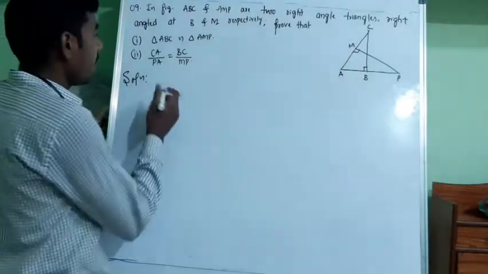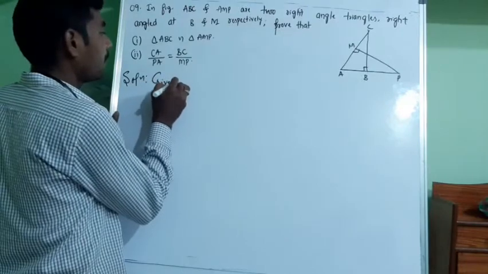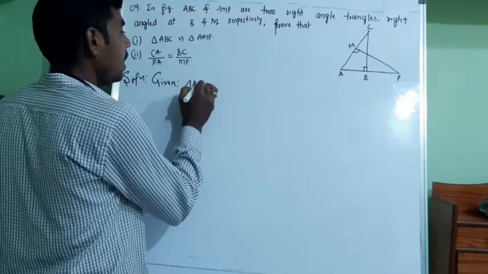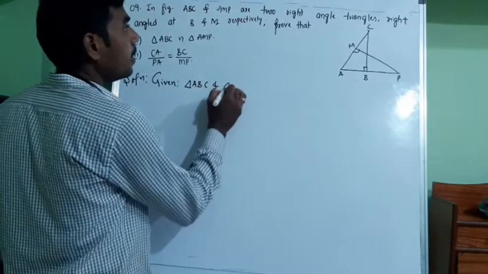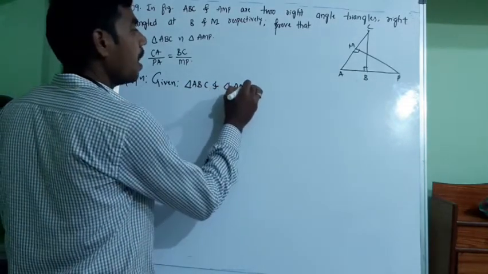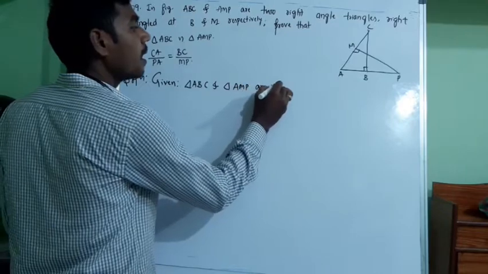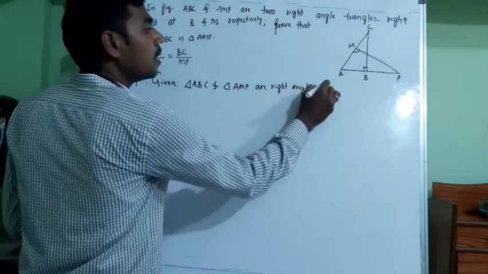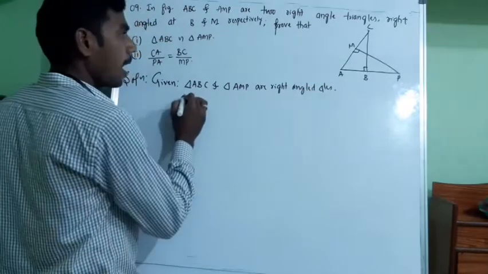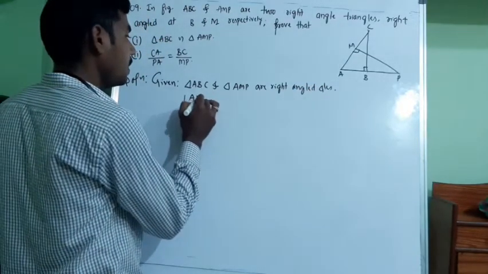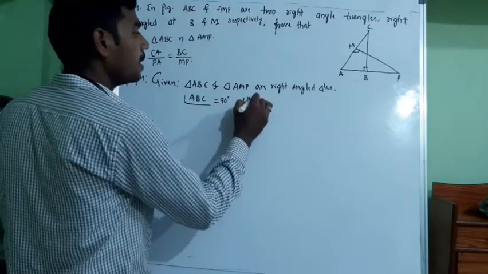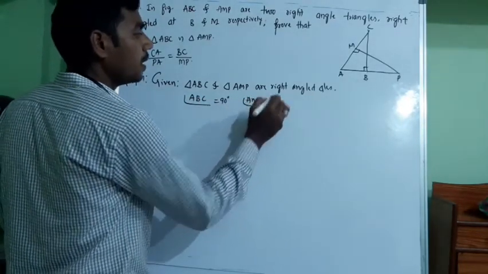See what is given to us. Triangle ABC and triangle AMP are right angled triangles, and angle ABC is equal to 90 degrees and angle AMP is equal to 90 degrees.